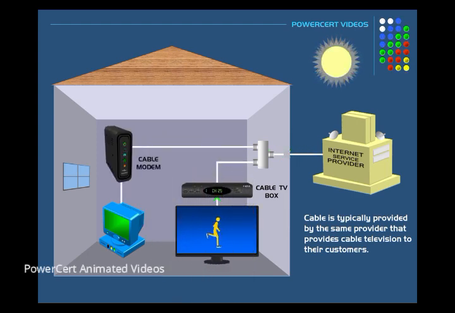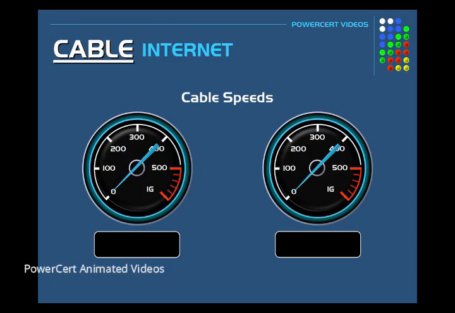And because it's provided by cable television providers, broadband cable leverages the existing infrastructure from cable TV to cover large geographical areas, especially here in the United States. Today, if you want broadband cable, your provider offers different packages that vary in speed. So for example, I use broadband cable from Xfinity, and they offer download speeds anywhere from 25 megabits per second all the way up to 400 megabits per second.